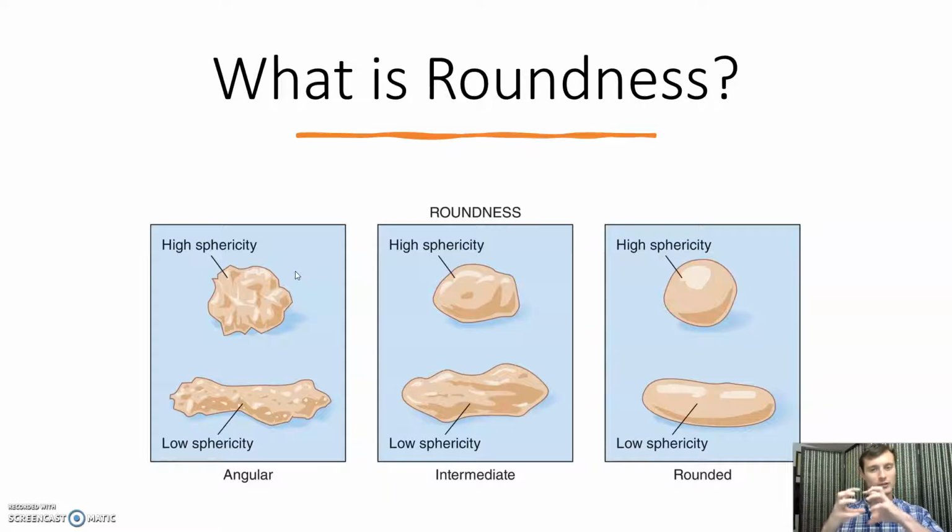It's about how circular the shape is as a whole. On the other hand, this is rounded, but not very much like a sphere. Low sphericity. And this one is low sphericity and very angular. It doesn't look like a globe or a ball, and it doesn't look like it's very round.